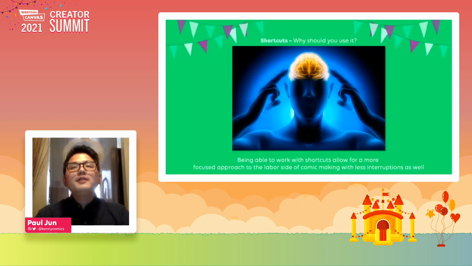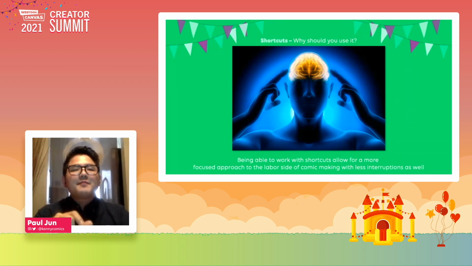On top of being a quicker form of doing actions, if you're able to work with shortcuts, it allows you a more focused approach on the labor side, where technically, if you have more understanding of what you're doing and all the shortcuts, it allows you to concentrate and keep concentrating. I know that as you're drawing, if you need to get water, or go to the restroom, or if your cat gets on your lap, your concentration could definitely break, and most of the time you're able to get back to it right away, but sometimes it could slow down your process just by a bit.